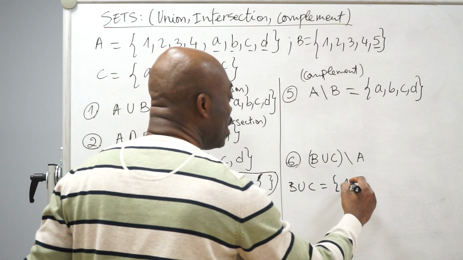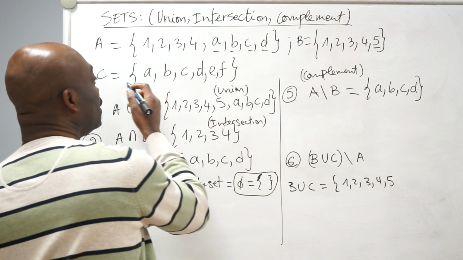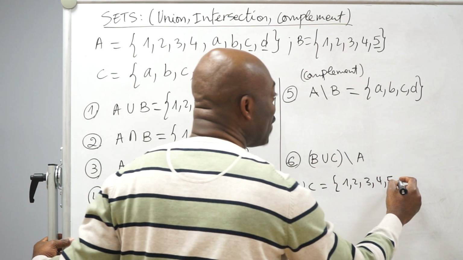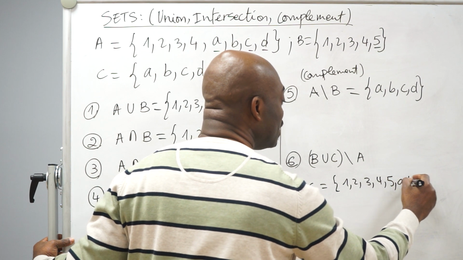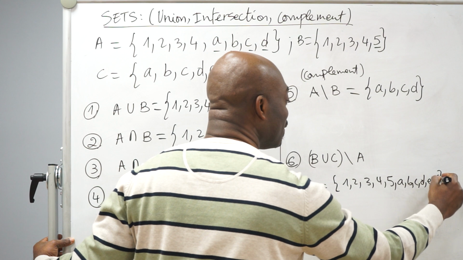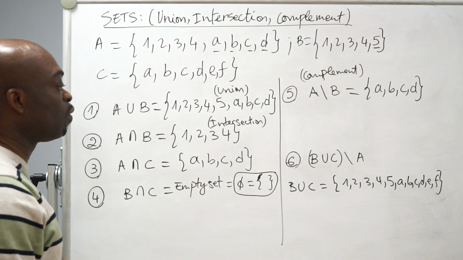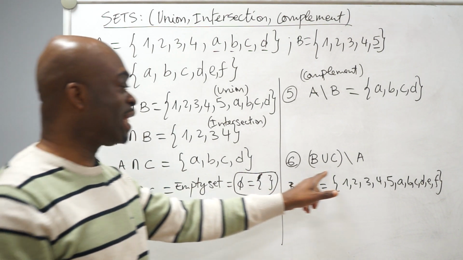So that means we have 1, 2, 3, 4, 5. B union C, so then we have A, B, C, D, E, and F. Okay, all together. All right. So that's B union C. So that's just this part here.